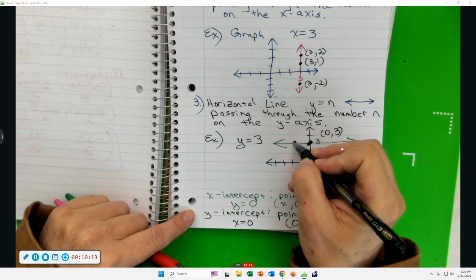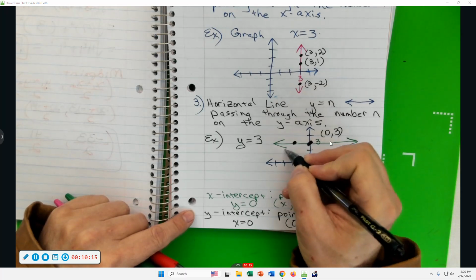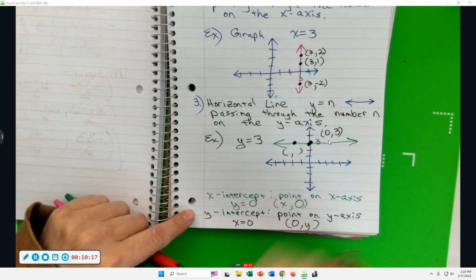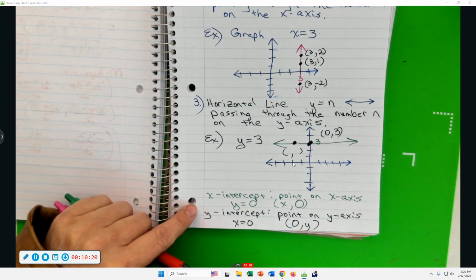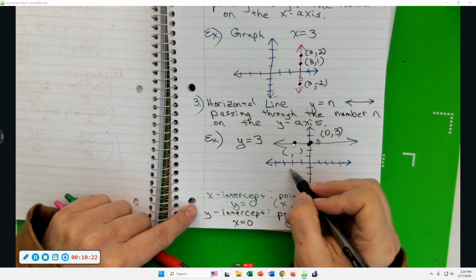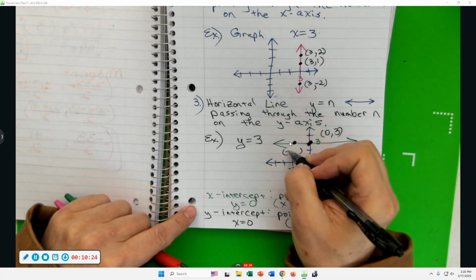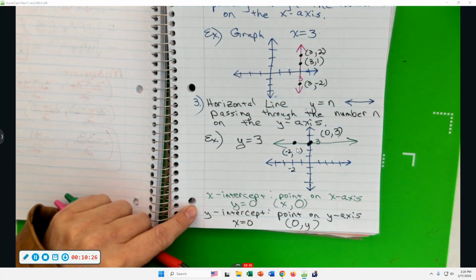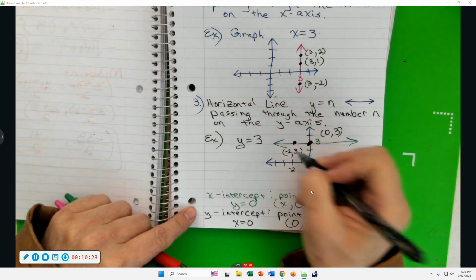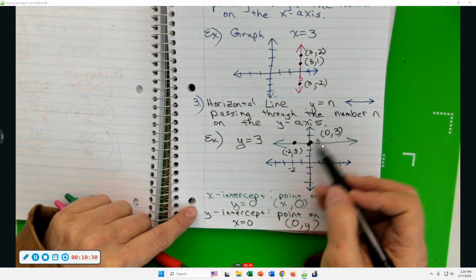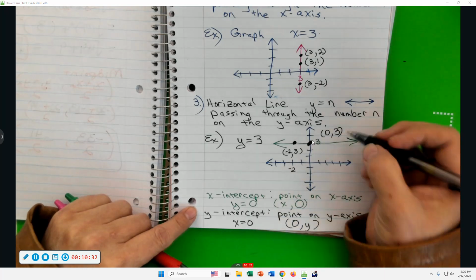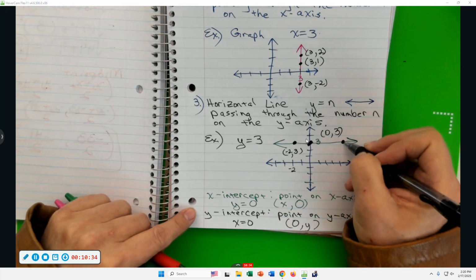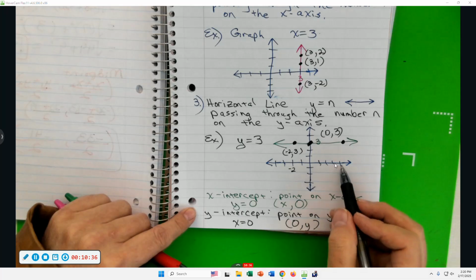Give me the coordinates of this point right there, assuming that they're integers. -2, the x value is -2. What's the y value? 3, okay. We already said that this point right here is 0, 3. What about this point here? 1, 2, 3, 4.